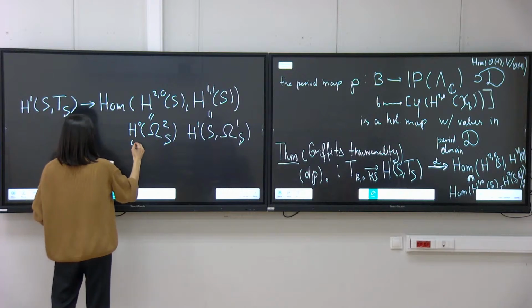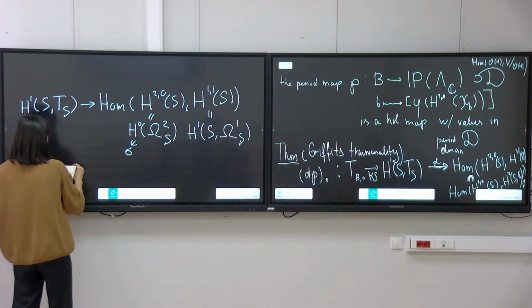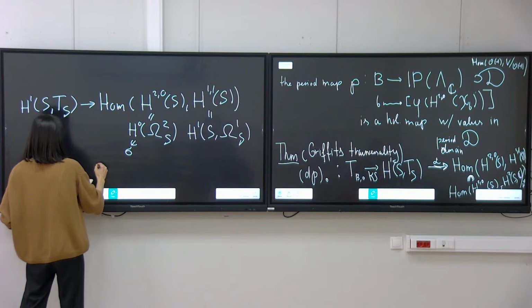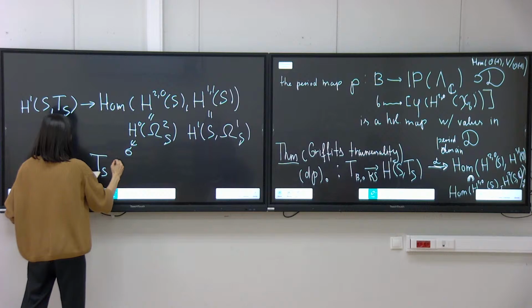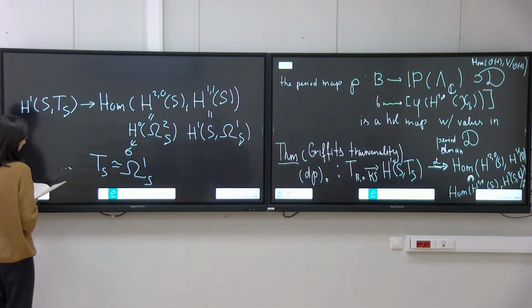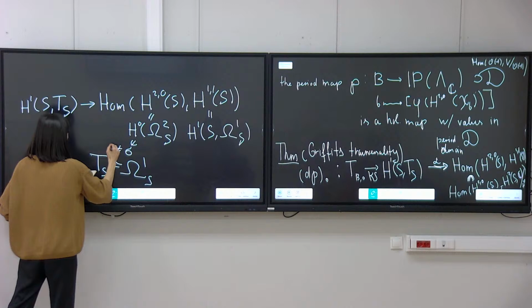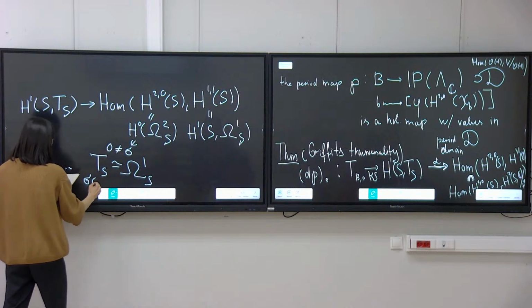So suppose we have an element here, then we have already discussed that there is a canonical identification of the tangent space with first differentials, just using any non-zero element.